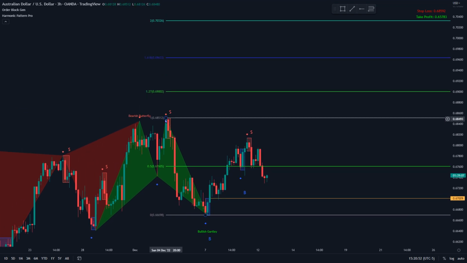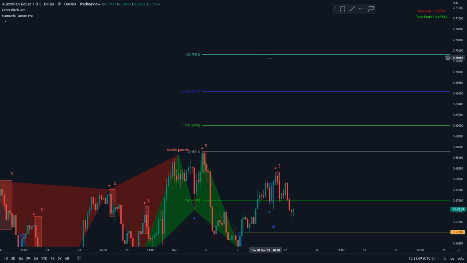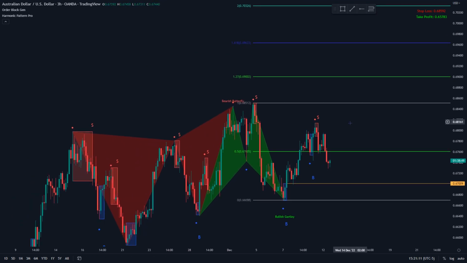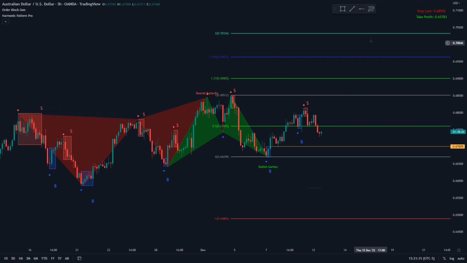You can also have the high, taking the high. If this pattern fully forms, we could actually see it start to move up and take out the high of the most recent leg. And then these other fib levels, 1.27, 618, and even 2 standard deviations will be great take profit levels as well, as long as it remains very bullish.